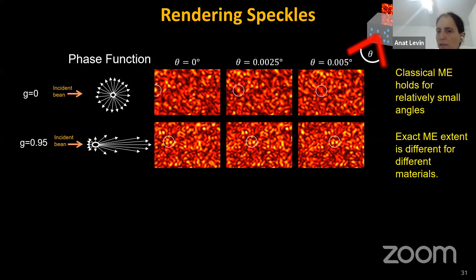For example, in the first row, you can see that in the first image, the speckle pattern already changed a bit. But in the second case, for a forward scattering phase function, the correlation holds even for this wide illumination angle.